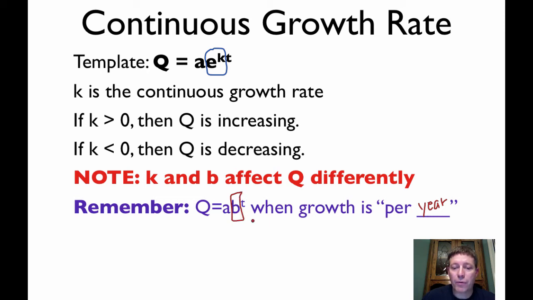And remember, for this one, anytime B was between 0 and 1, it was decreasing. Anytime B was greater than 1, it was increasing. And now we've got a little different rule for K. When K is positive, it's increasing. When K is negative, it's decreasing. So it's going to be a little complicated to keep track of continuous growth rate, which is K, and then growth factors when you're doing like per year, per month type things with a growth factor of B. We're just going to have to be careful to know the difference between them.